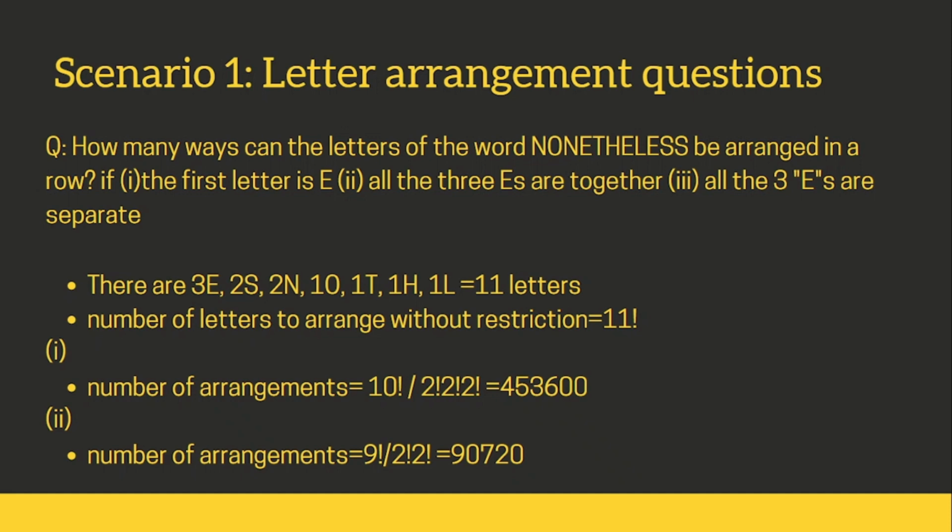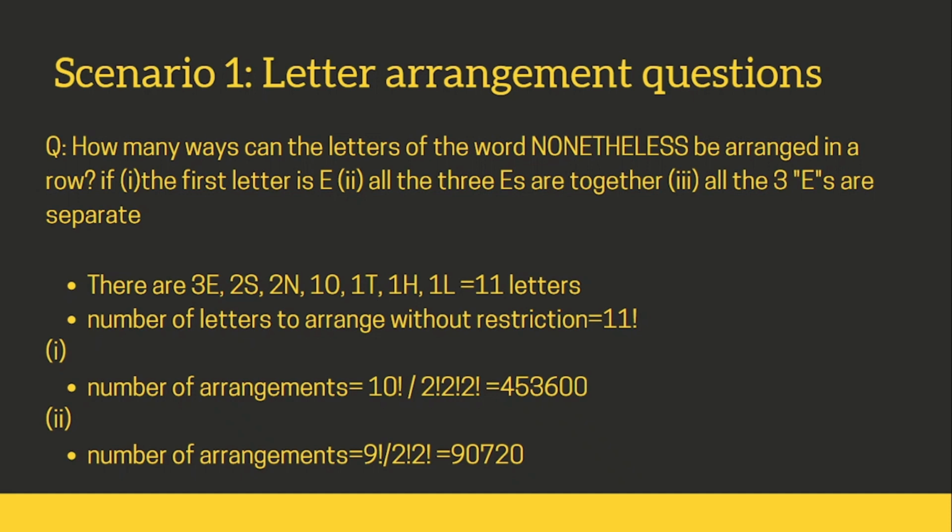So we want to arrange these 10 remaining letters among themselves. And so after we fix the E, there's still 2 E's, 2 S, and 2 N. And so because there are these repeated objects, you have to divide by 2 factorial, 2 factorial, 2 factorial. So that will lead you to 453,600 arrangements.